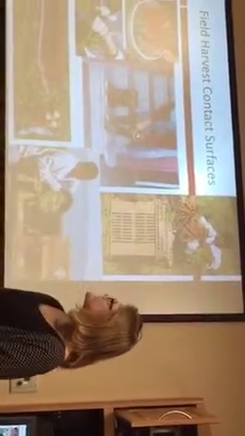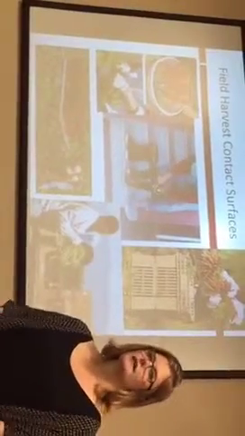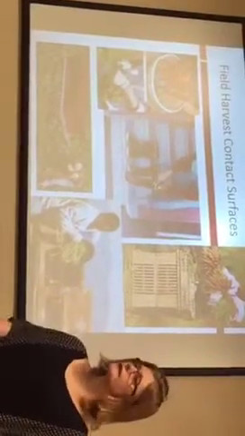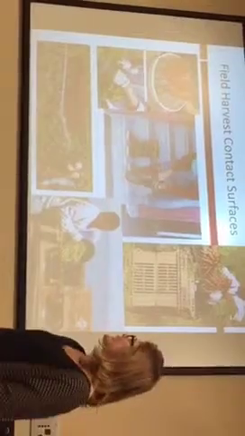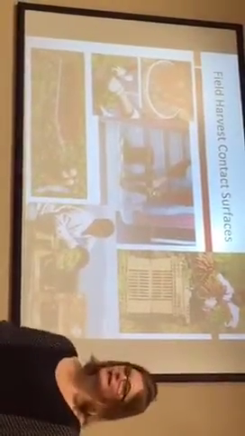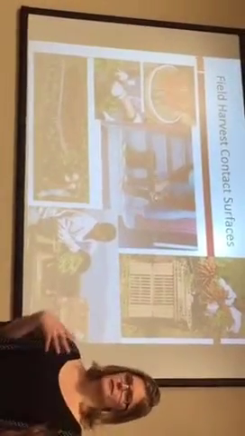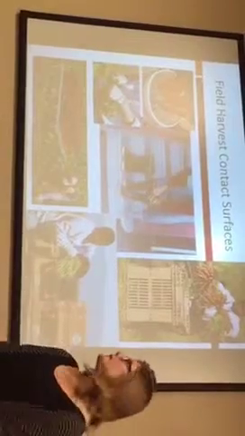Another contact surface to think about is tools and how you harvest your product, and if you do any kind of processing, where that comes into play. So have some procedures in place for how you would clean and maintain equipment and tools, from knives all the way up to more heavy machinery, if that applies to your farm.